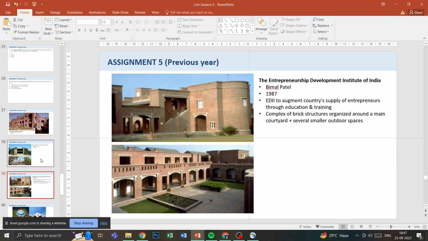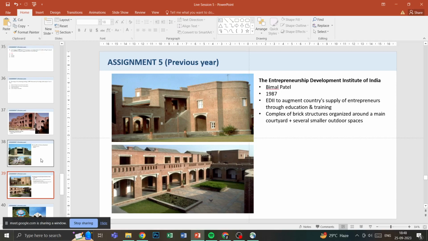Then this is the Entrepreneurship Development Institute of India, EDII. This was designed by Bimal Patel in 1987. The EDII was established to augment the country's supply of entrepreneurs through education and training. The campus includes a complex of brick structures organized around a main courtyard and several small outdoor spaces.